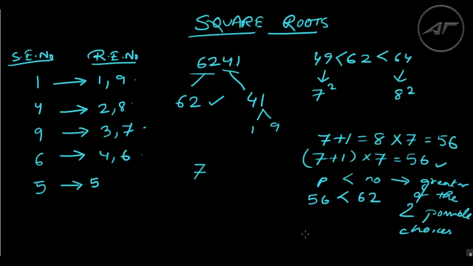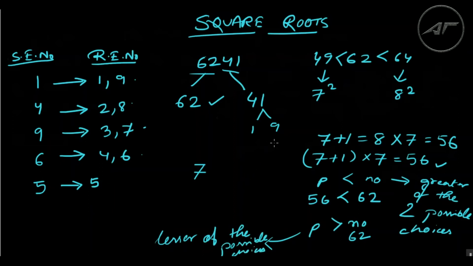And if the product is greater than the number, then we would have chosen the lesser of the possible choices.